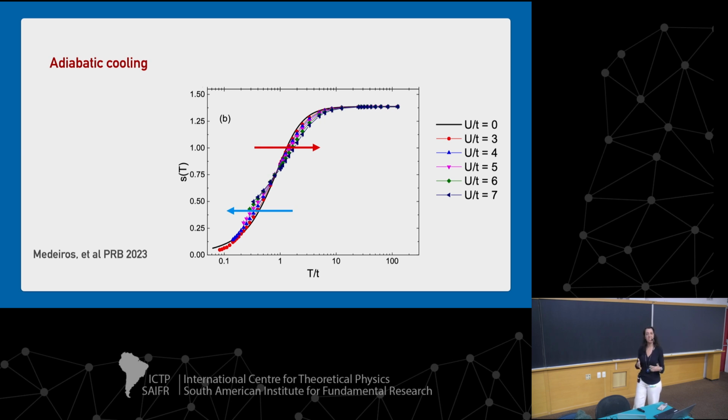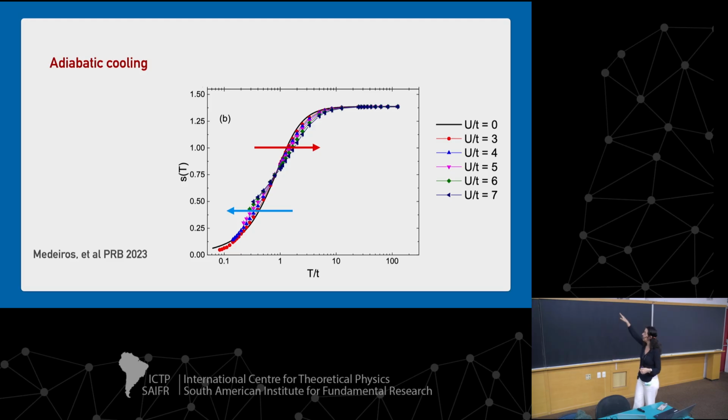And another interesting thing about the Kagome lattice is it is able to provide adiabatic cooling. I have not discussed much about this, but this is a plot of the entropy as a function of temperature for the Kagome lattice and different values of the interaction strength U. And you see they more or less cross around log 2. If you're at a higher temperature than that, on a higher entropy, as you increase U, you go from left to right. And so if you increase U keeping a constant entropy, a horizontal line, you increase the temperature of your system.